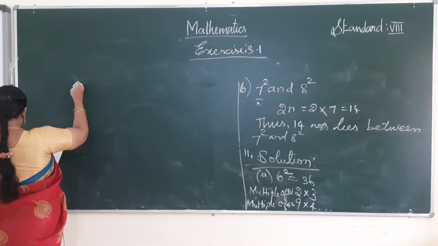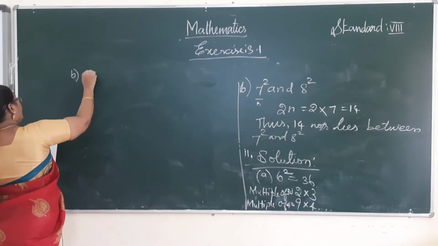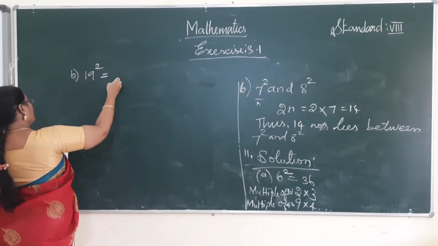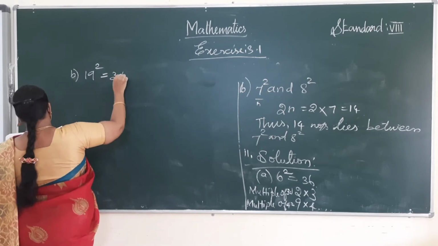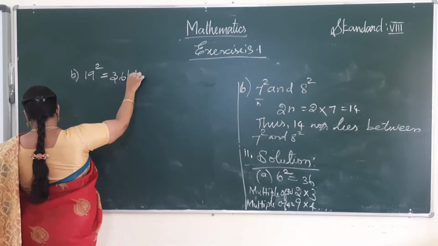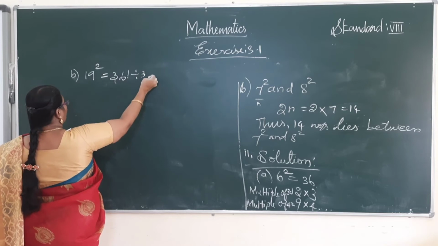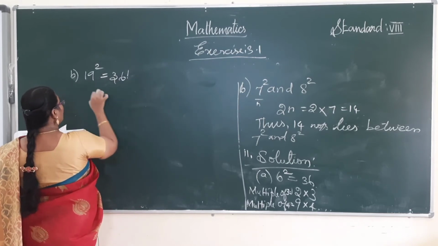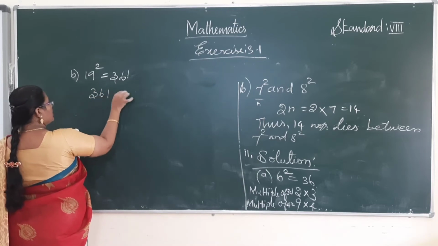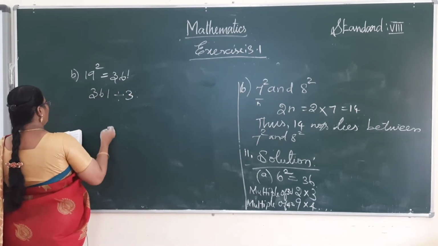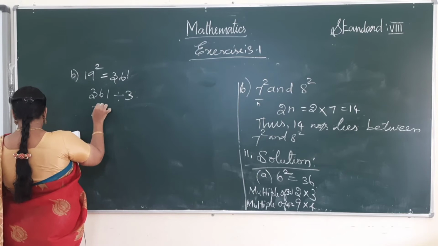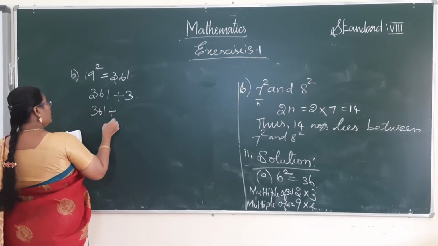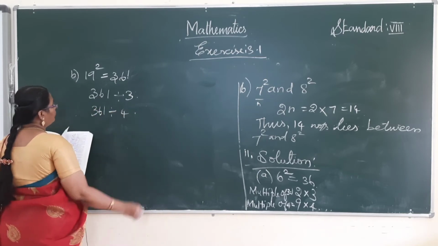B problem. 19 square. So 19 square value is 361. Is it divisible by 3? No. It's also not divisible by 4. 361 is not divisible by 3 and not divisible by 4.